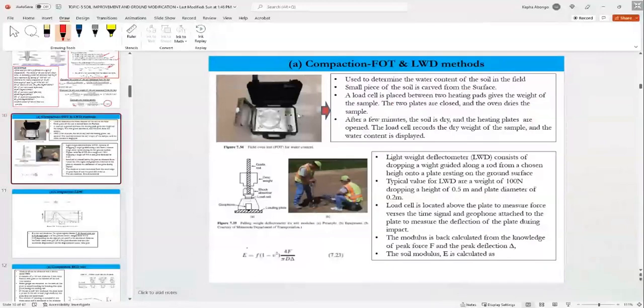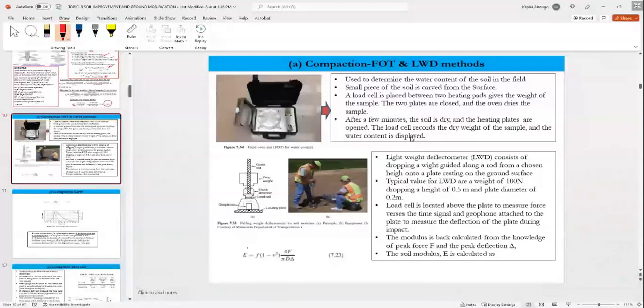It is fitted with a load cell. You take a small portion of soil and put it in. It has a load cell and a weight, and it measures the soil. Cover that, put it in, and start it. It will dry the soil, typically 5 minutes. Then you're able to get the oven dry weight and calculate the moisture content of the soil.